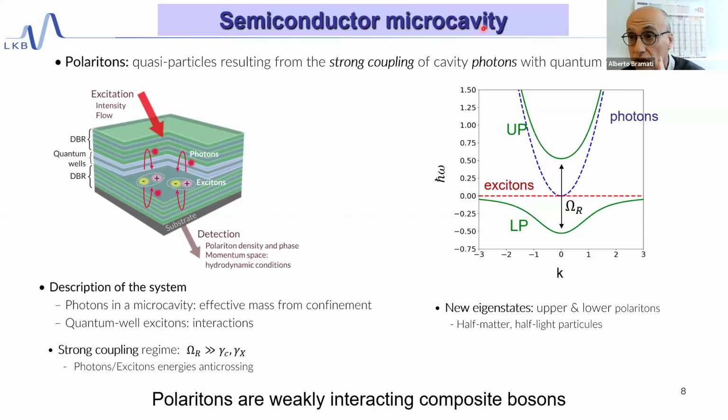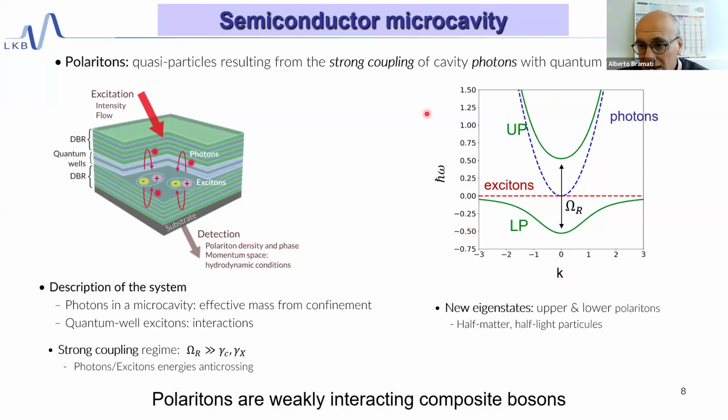And this is due to the confinement of the photon inside the cavity. The excitons are also massive particles, so the dispersion is also parabolic, but in this case we cannot see the curvature because the mass of the exciton is very large with respect to the effective mass of the photon.